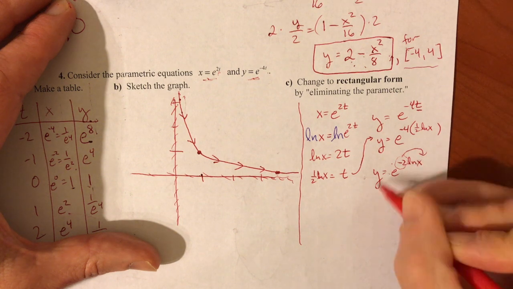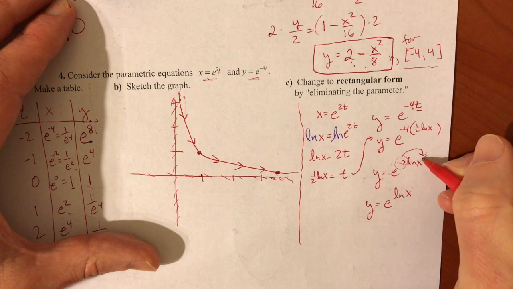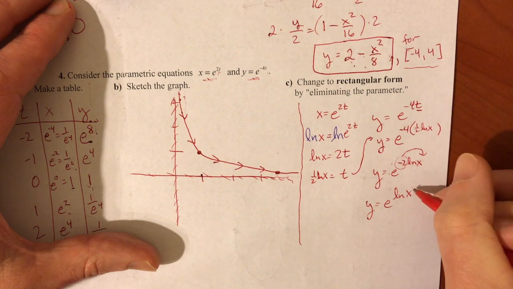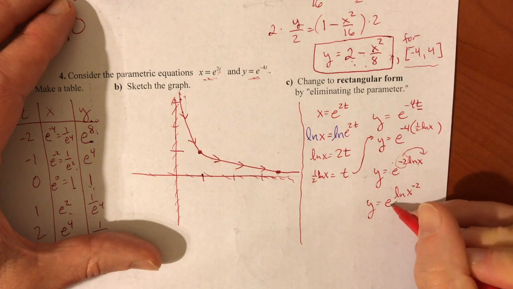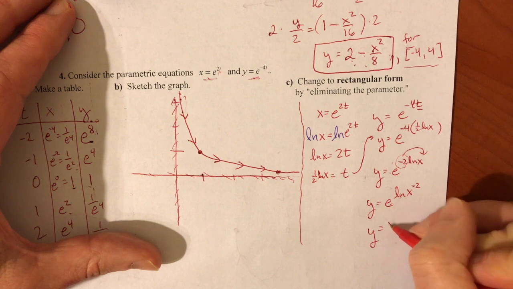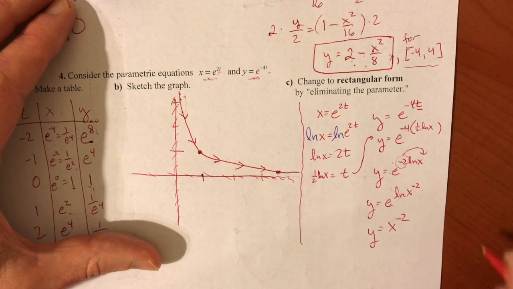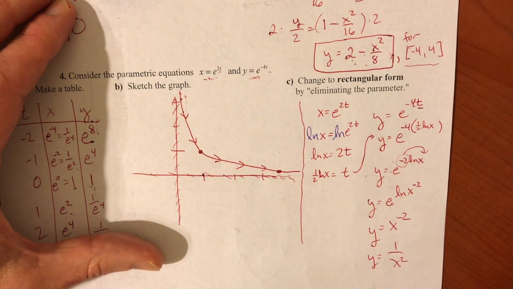This coefficient can be made an exponent of your argument, so that could be that. And now e to the ln, again, those are inverse operations, they cancel each other out, leaving you with just this, which with a positive exponent is 1 over x squared.